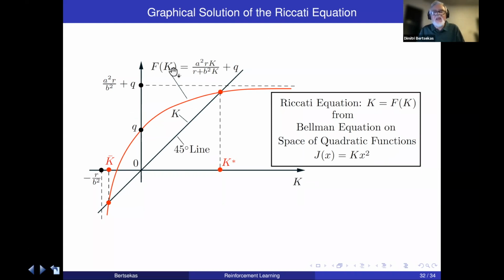So that's the connection. The Riccati equation is a restriction of Bellman's equation. It says the same things as Bellman equation, but only along a subspace of interest, which are the quadratic functions. Okay, are there any questions about this graph, which we're going to be using a lot in the next lecture?